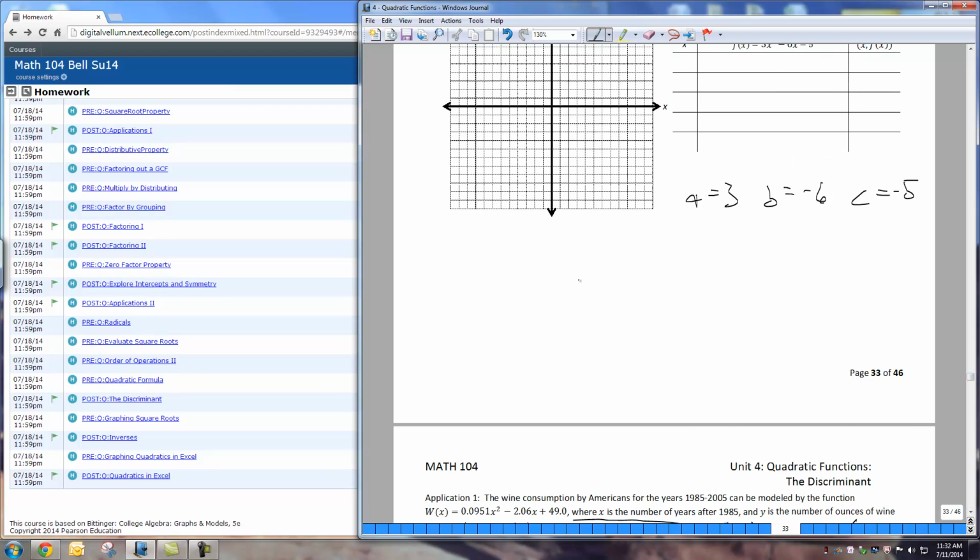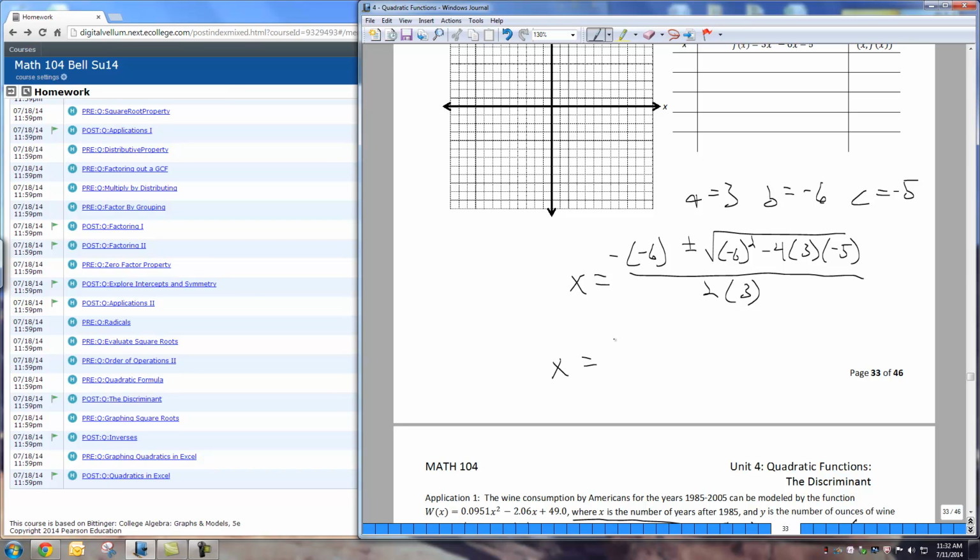So the quadratic formula says x equals negative b plus or minus the square root of b squared minus 4 times a times c all over 2 times a. Notice you cannot forget your signs in here. That's very important.